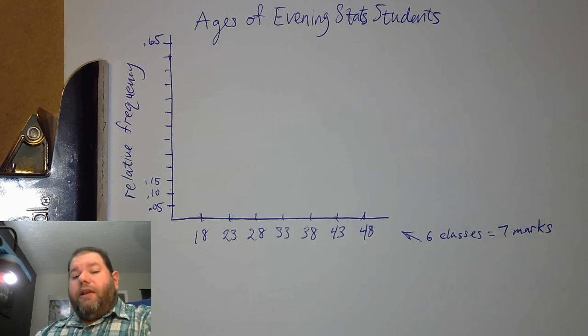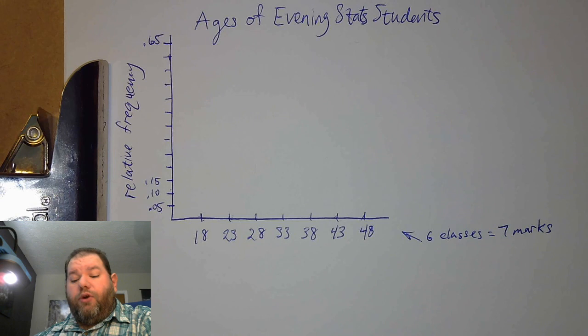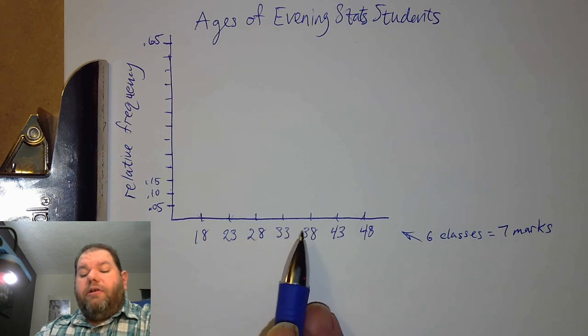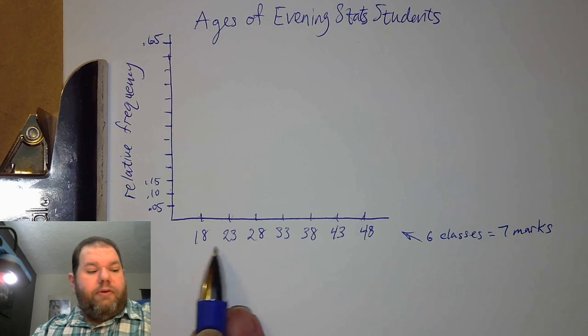Now the number 48 has nothing to do with anything basically in our data set. I mean, we already know our highest data value is 45, but we need to go ahead and make one more mark, basically where, if we did have another class, where would it begin? And that would be at 48. We just continue the same pattern.